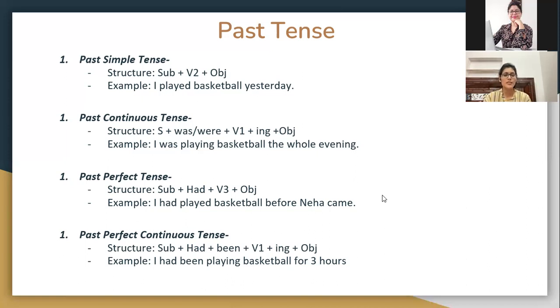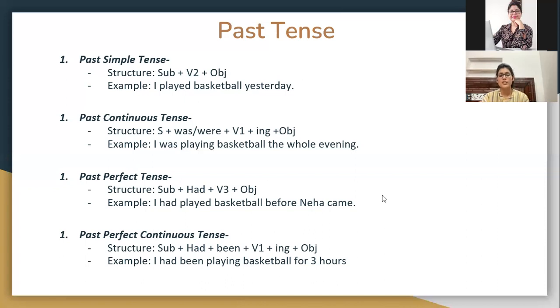And past perfect tense. Past perfect tense we use when the action started in the past and was completed in the past. So we use past perfect tense.